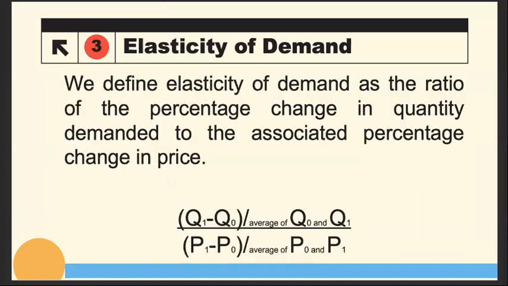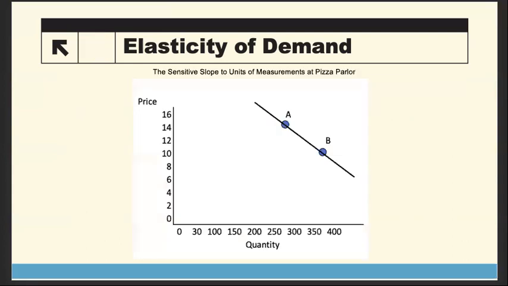We define it as the ratio of the percentage change in quantity demanded to the associated percentage change in price. On the lower side, as you can see, we have the formula for the elasticity of demand.